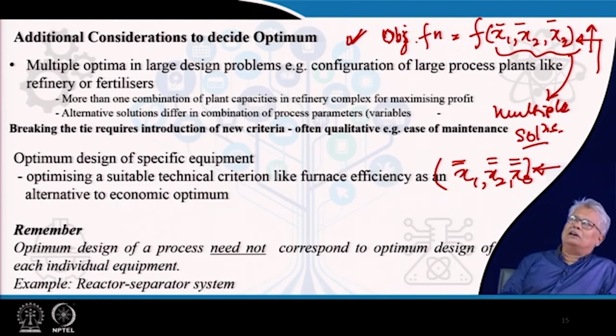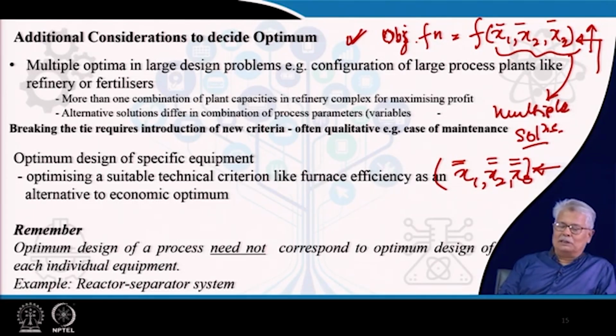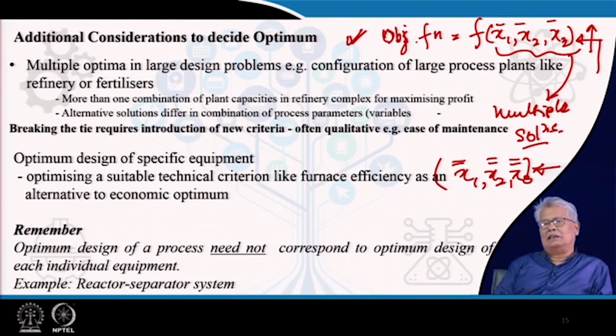So, here is an example where more than one combination of the plant capacities in the refinery is going to give us the same optimum value. Alternative solutions do exist, and we break the tie by introducing a new criterion which could be qualitative even.